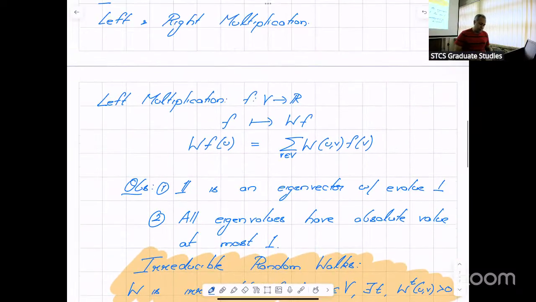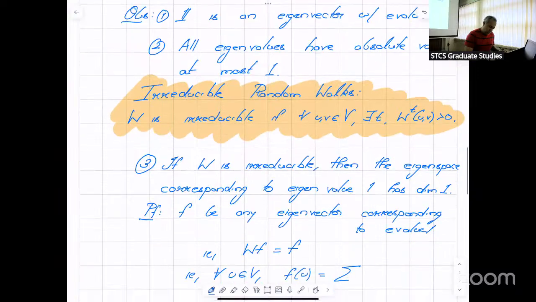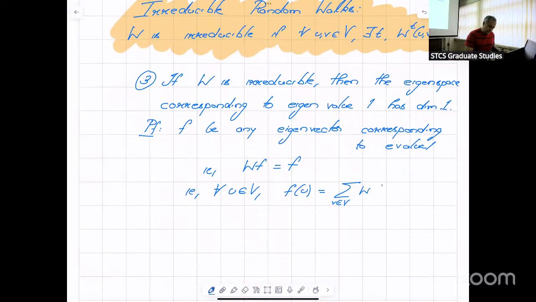WF(U) is this quantity, summed over V in V. So we have this. I want to say if you have irreducibility and this, you're already done.